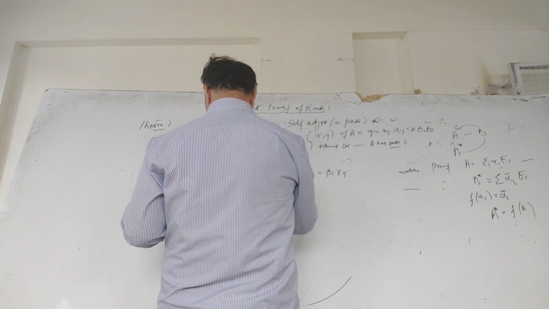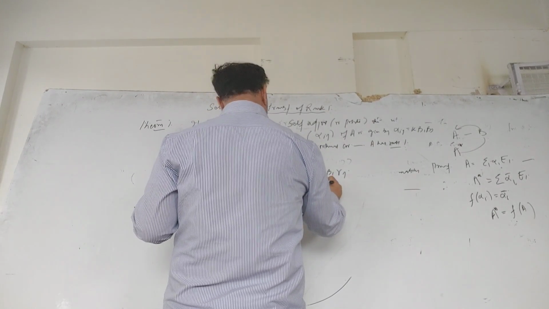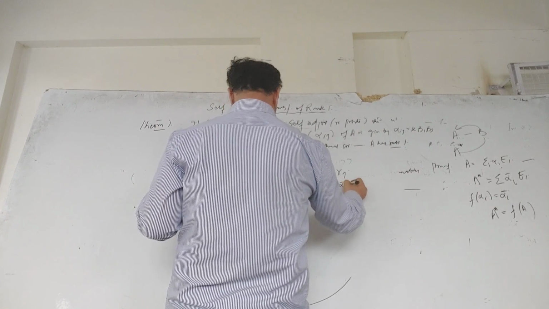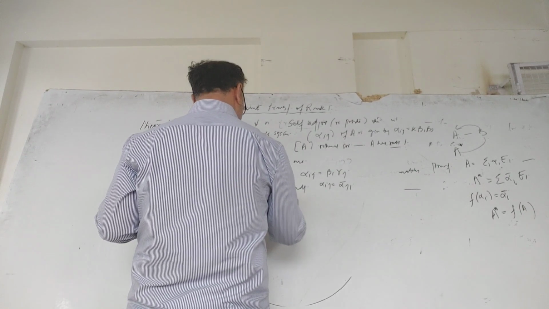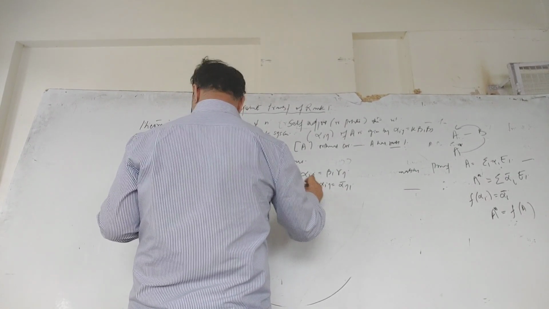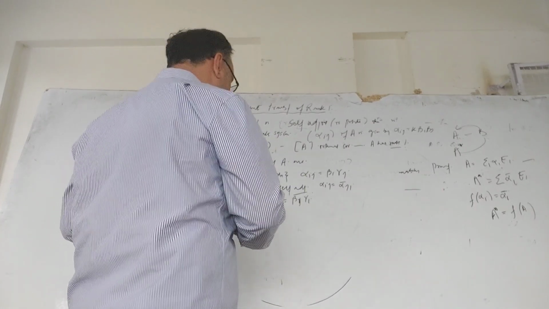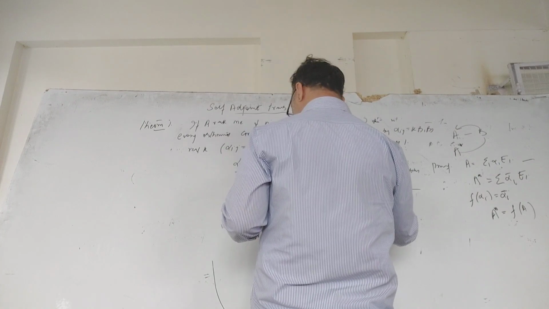and if A is self-adjoint, we must have alpha ij equal to alpha bar ji, beta I gamma j equal to beta j gamma I, and if beta I is equal to 0, gamma I is not equal to 0.